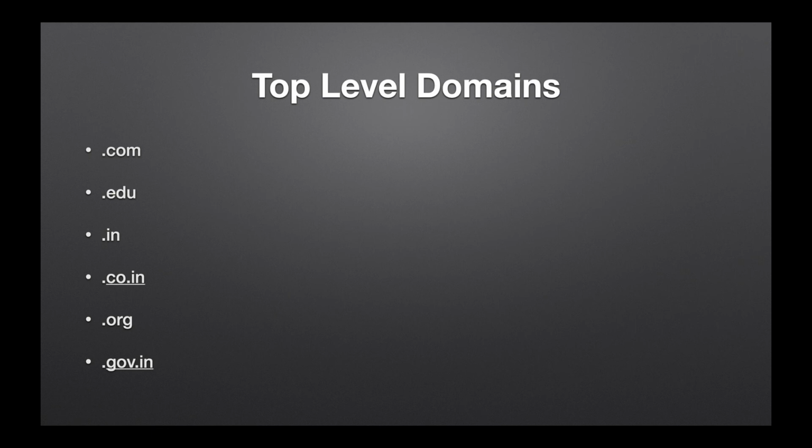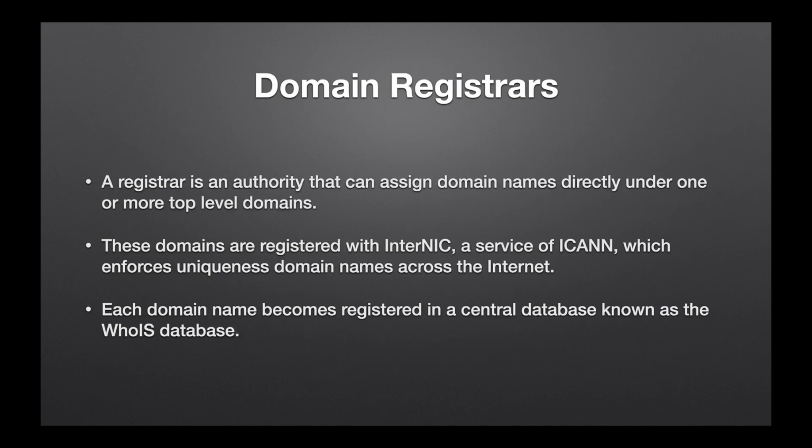These top level domain names are controlled by the Internet Assigned Numbers Authority, IANA, in the root zone database, which is essentially a database of all available top level domains. Next, domain registrars. A registrar is an authority that can assign domain names directly under one or more top level domains.